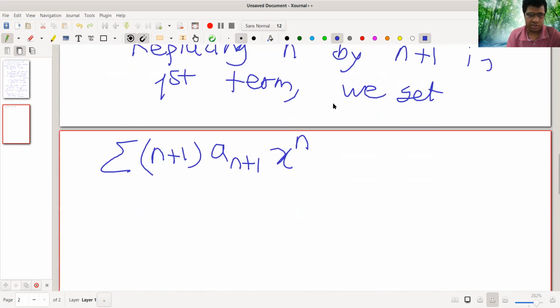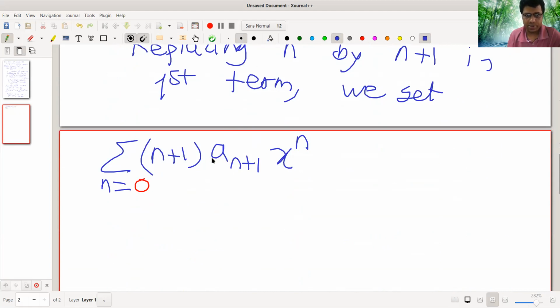So here we need to write n equal to 0 to infinity, because we have replaced n by n plus 1, so we have to start from 0.